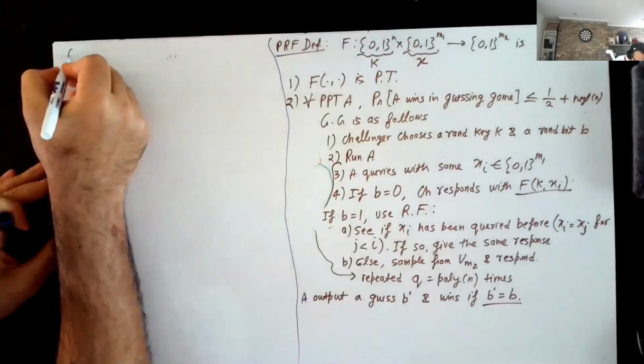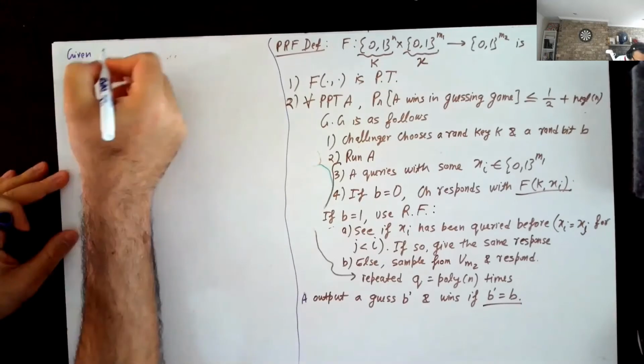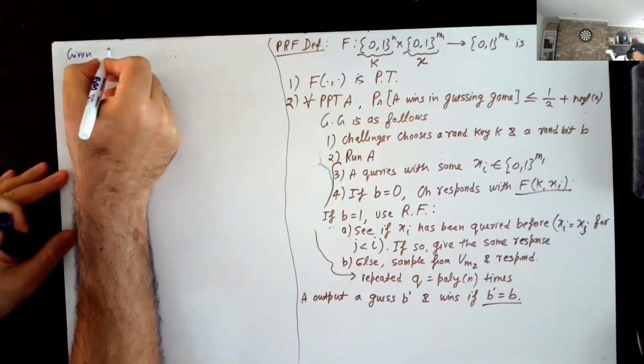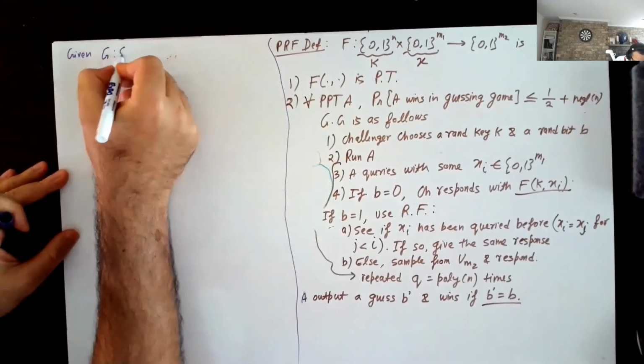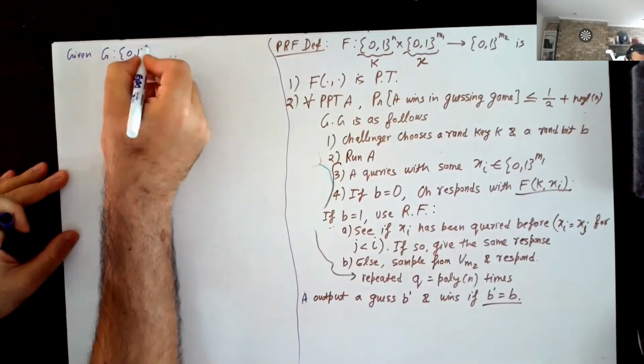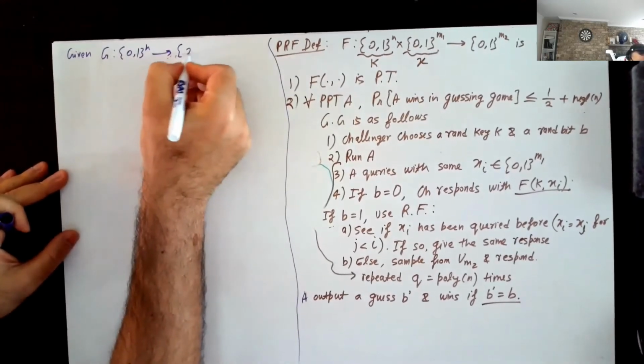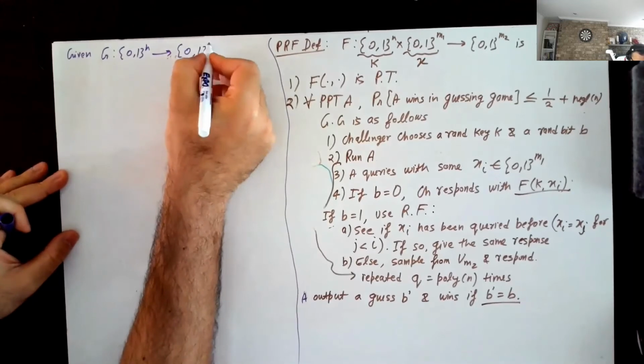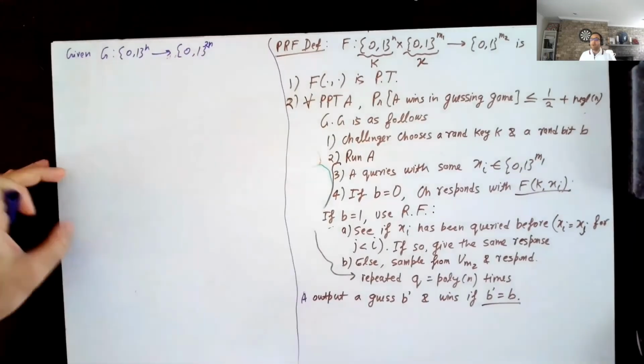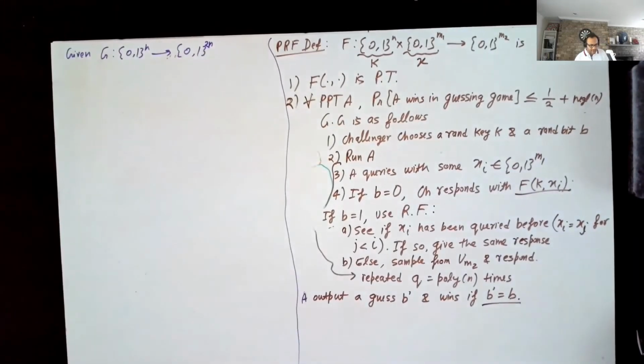So we are given a PRG, let's call it G, which doubles its input. It takes an n-bit seed and converts it into a 2n-bit output.